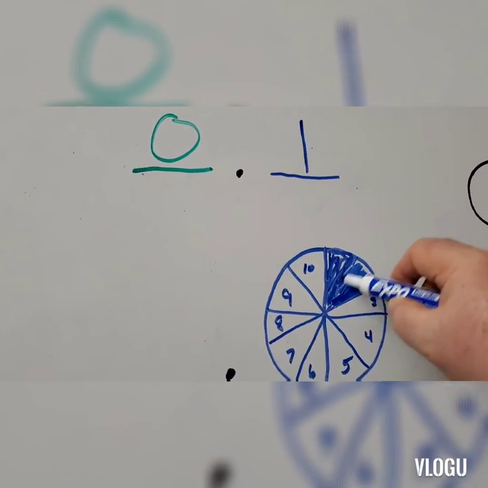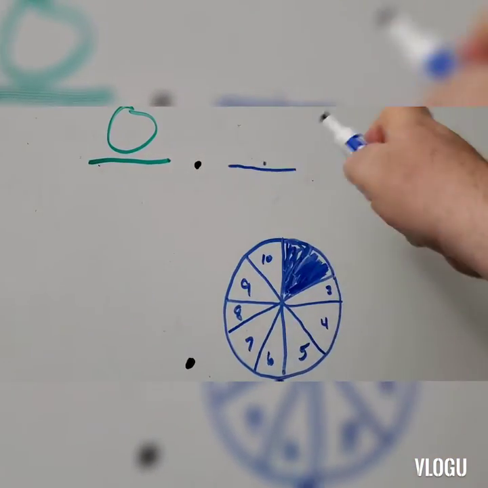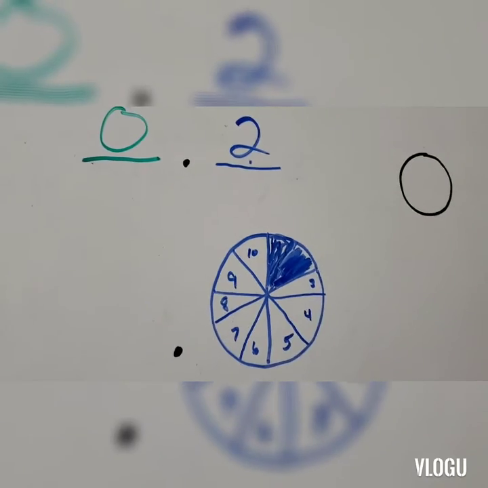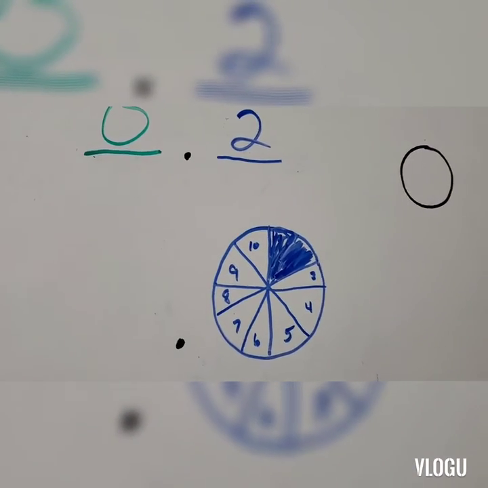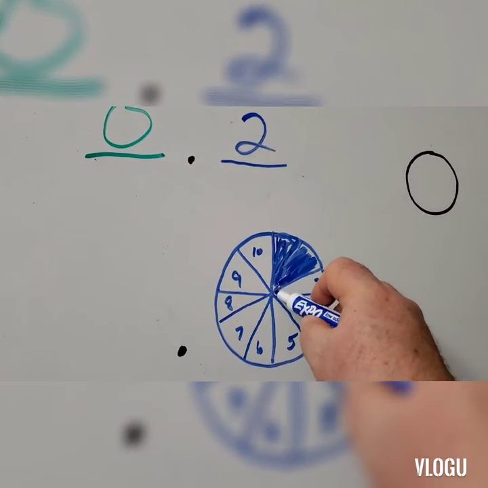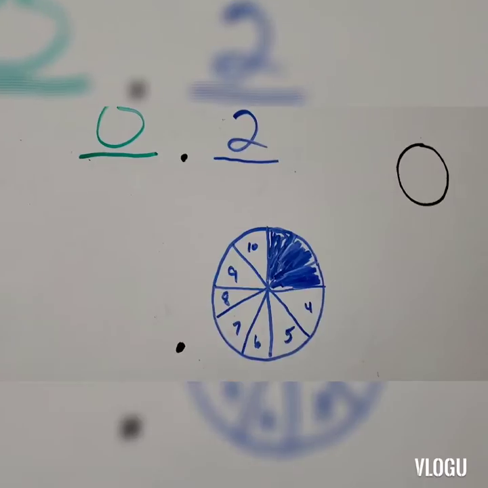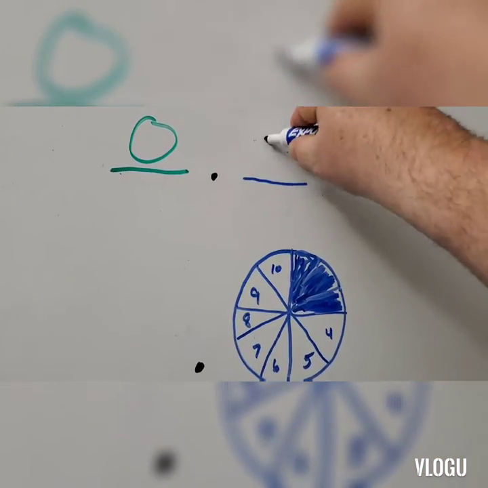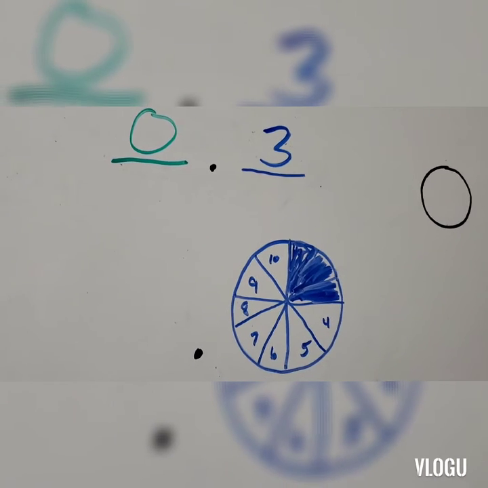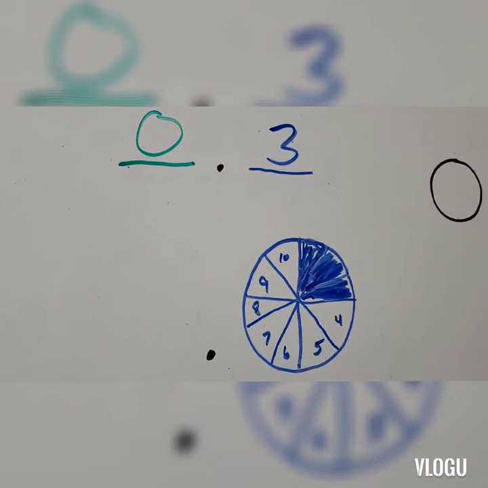If I have 2 out of 10, I have 2/10. If I have 3 out of 10 pieces, I have 3/10. Do you see the pattern?